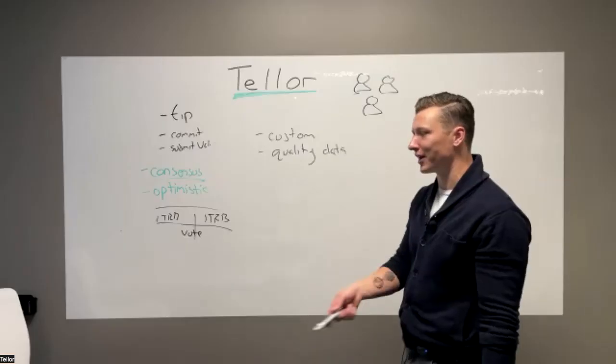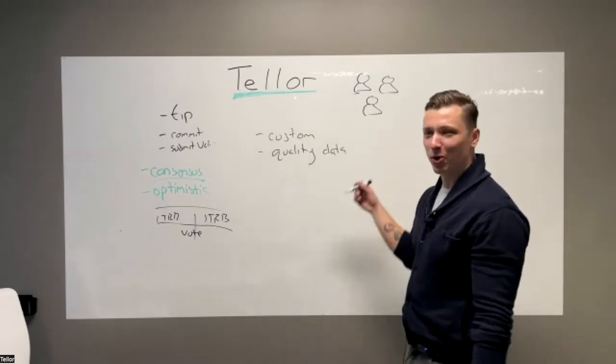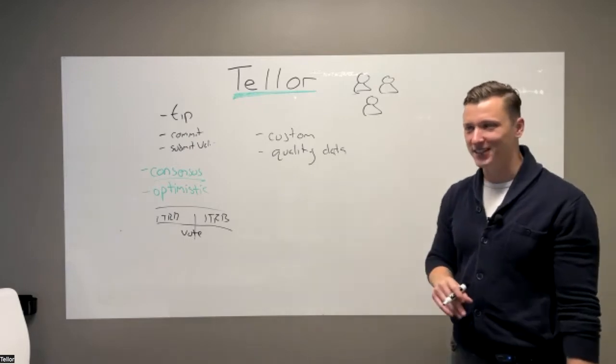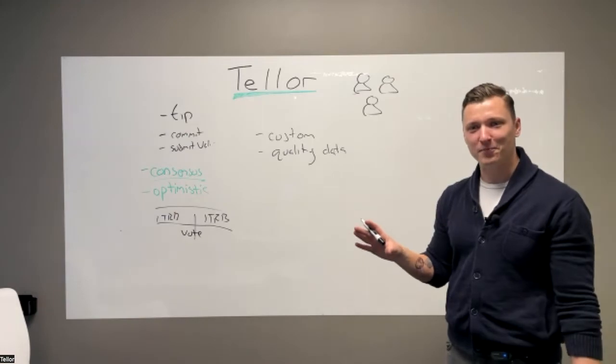But I think, as you're hinting at, talking about quality data with users, and you even mentioned the volume and things like that with prices, this is something that not a whole lot of people think about. For sure.